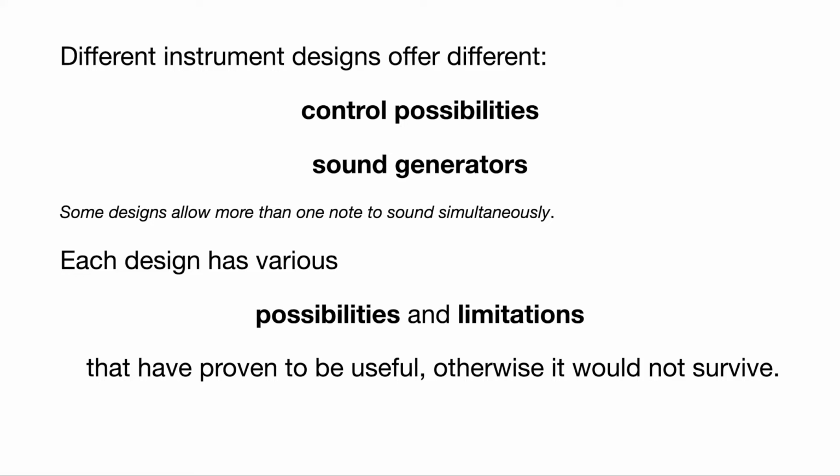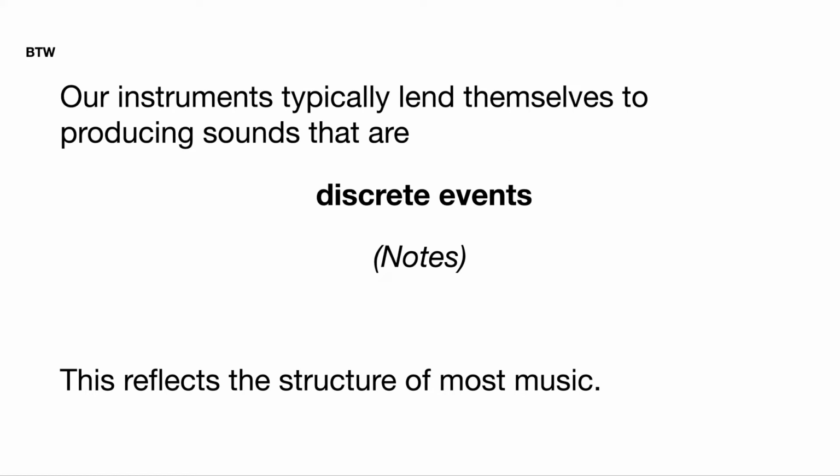That's why we've got ancient musical instruments that have kept on evolving and still basically survive, while there are lots of other instruments that have been invented over the years which have essentially disappeared. One thing we should talk about is most of the instruments that we use these days are designed to produce discrete events, which we normally call notes. And that's the way we tend to make most of our music.